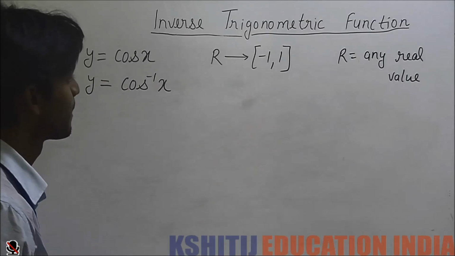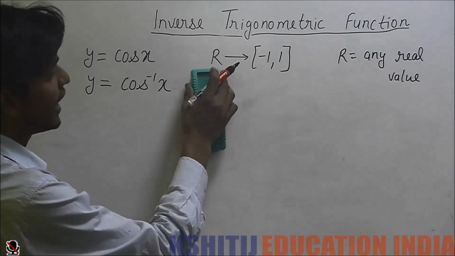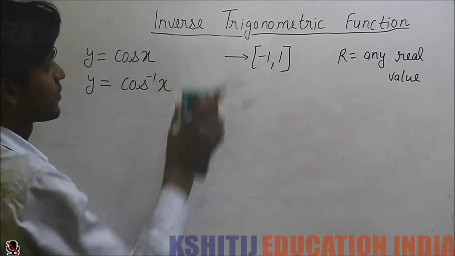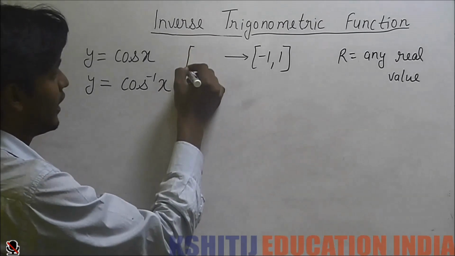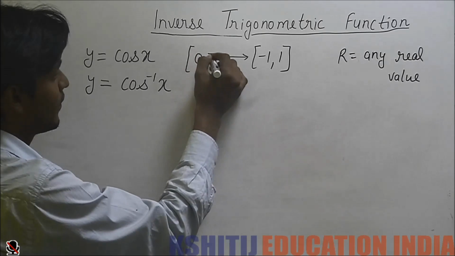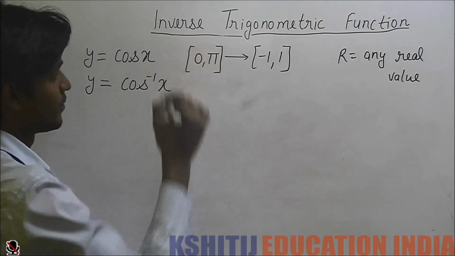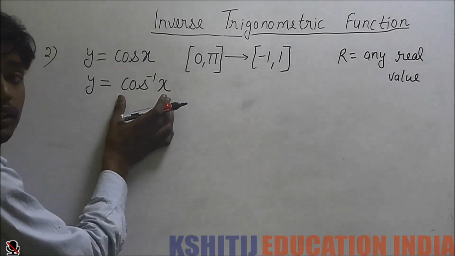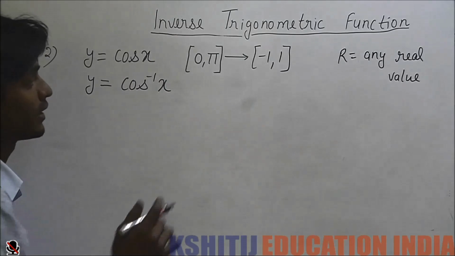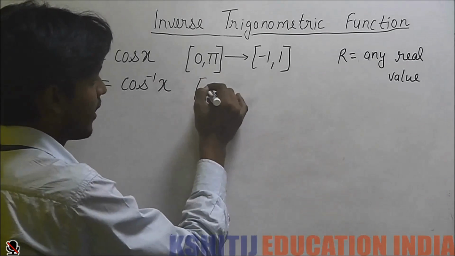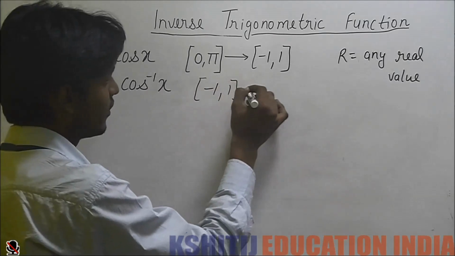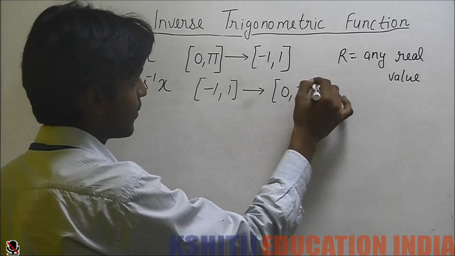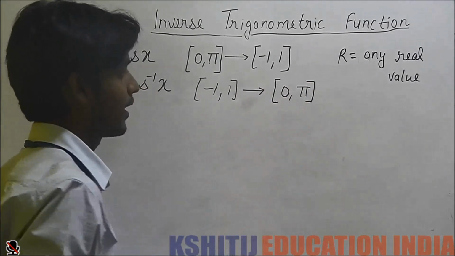Here, if we specify our interval, which is 0 to pi, then we can take the inverse of the term cos of x, which has the domain -1, 1 to 0, pi.